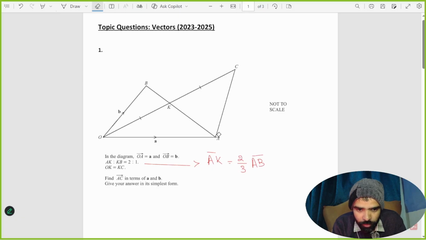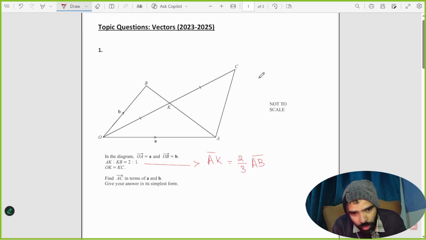No. If I write twice the AK, or actually what I should write is BK is half of AK, or KB, sorry, or vector K to B is half of the vector A to K. Okay, from this information I can write that 2KB, twice the KB, will be equal to AK.